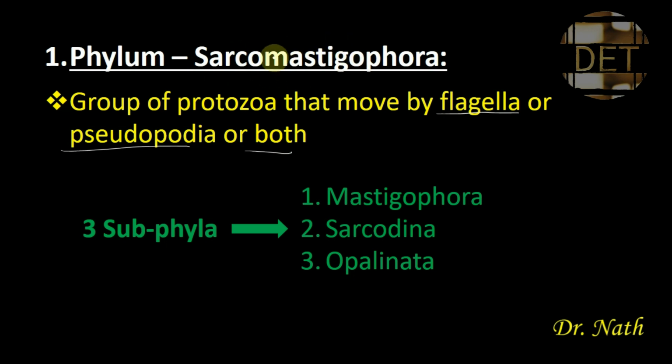This phylum Sarcomastigophora is further divided into 3 subphyla, and the 3 subphyla are Mastigophora, Sarcodina, and Opalinata.